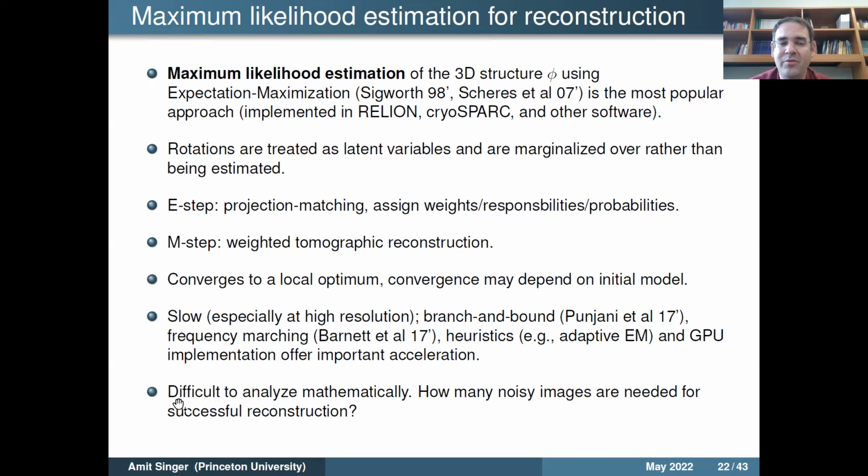From the mathematical point of view, it's a bit difficult to analyze. A very simple question like what is the sample complexity, how many noisy images do we need for successful reconstruction, we don't have a good answer for by just looking at maximum likelihood. And that's something that we would like to understand.